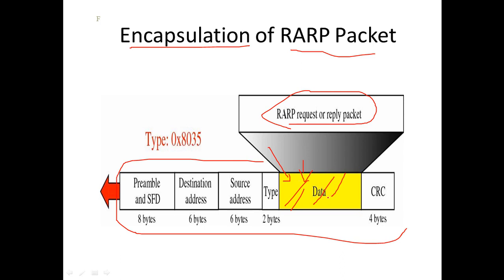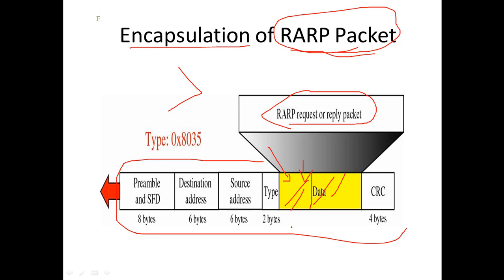But to encapsulate it, the first thing you should keep in mind is that the size of the RARP packet should not be greater than the space you have in the data field.